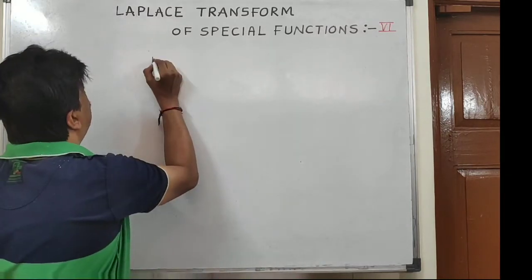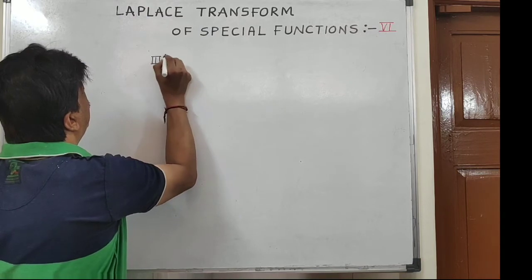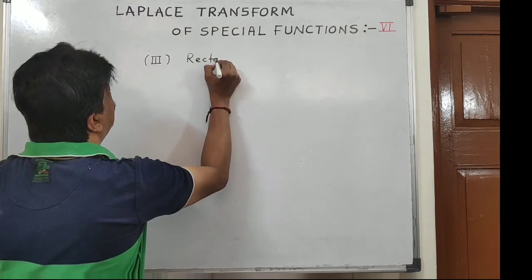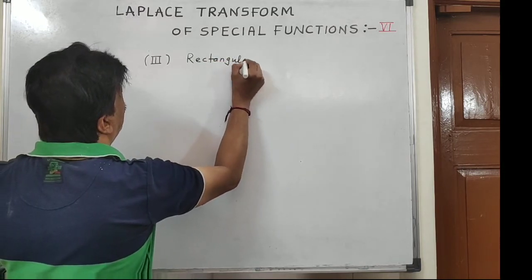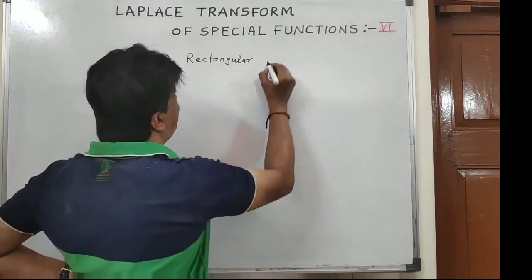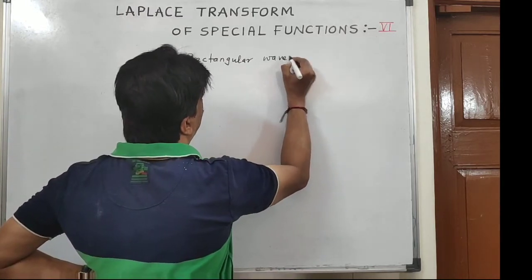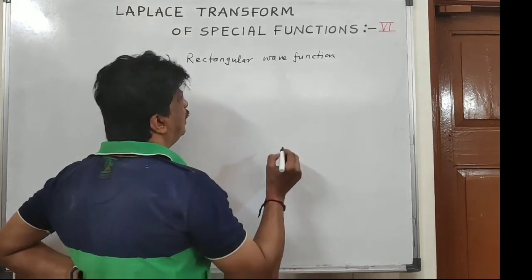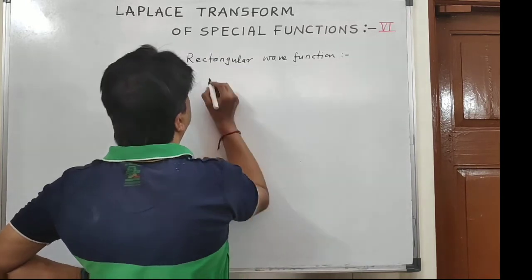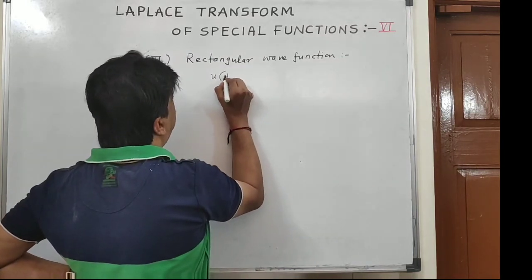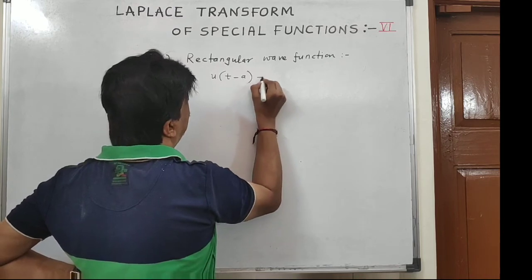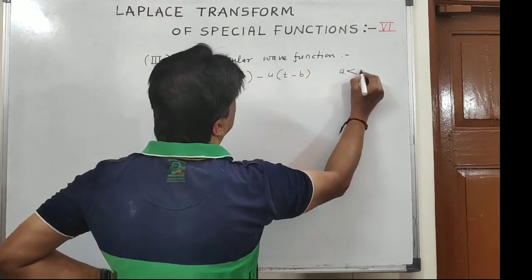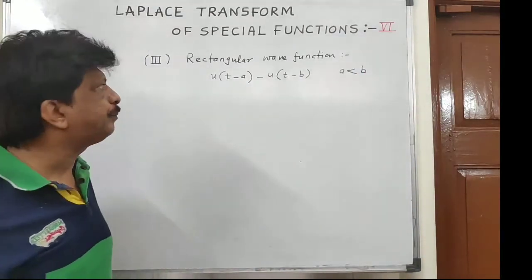Third, rectangular wave function. It is denoted by u of t minus a minus u of t minus b, where a is strictly less than b.